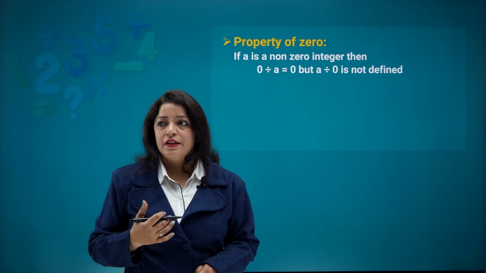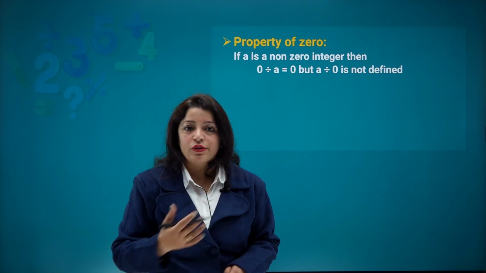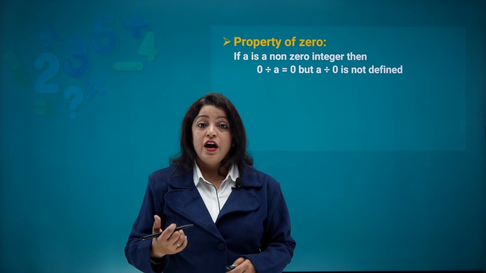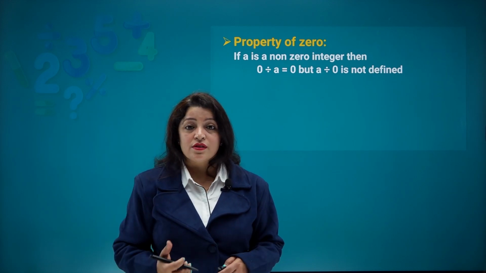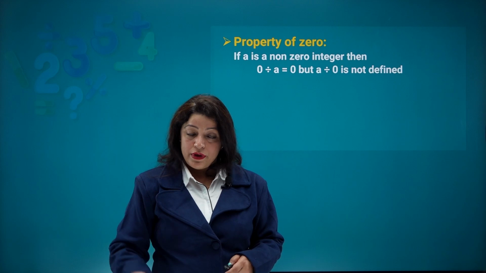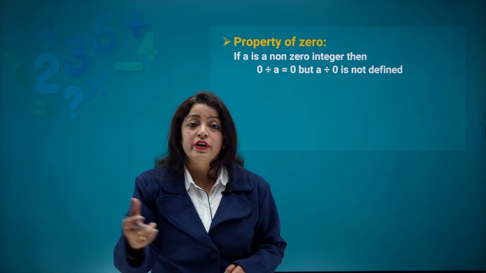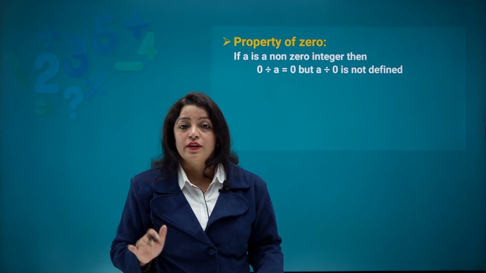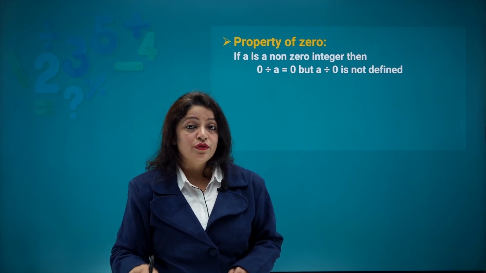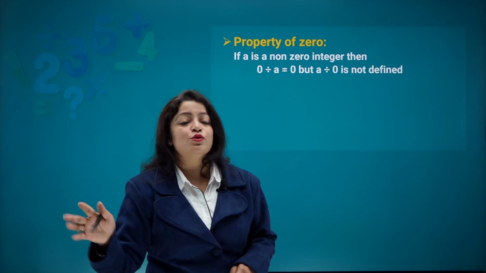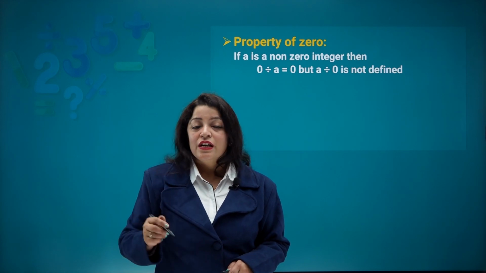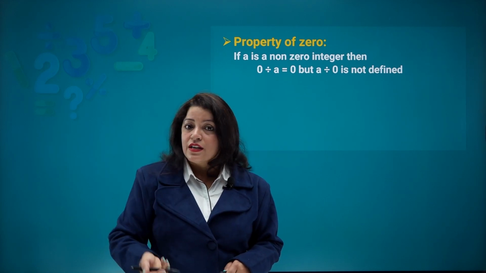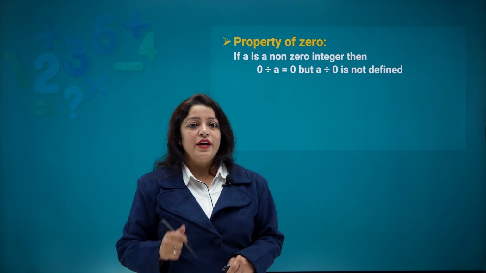Suppose I am having 0 chocolates with me and I want to give it to 5 students. So, how many chocolates each student will get? I am not having any chocolate, I have 0 chocolate. But I have to give to 5. I can give them 0, 0, 0. That means the final result is that they will get 0 chocolate, right?